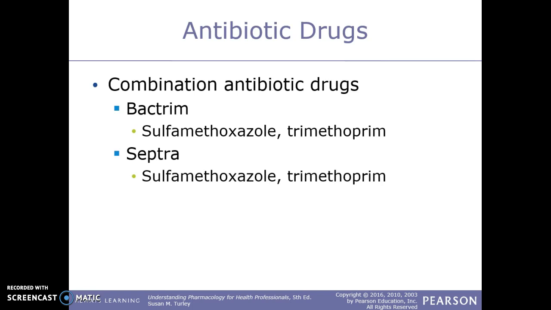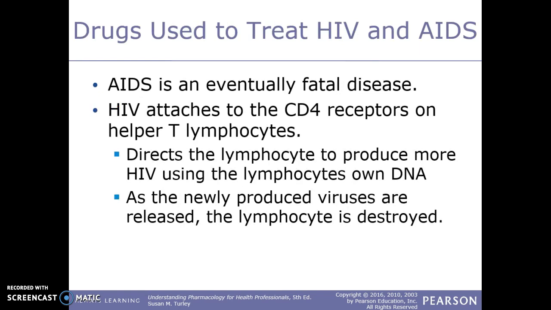And then we're going to look at some of the other types of drugs that fall into the anti-infectives. So we'll look at the drugs that are used to treat HIV and AIDS, because again, antibiotics and the sulfonamides are going to treat things that are caused by bacteria. Anything that is caused by a virus, we're going to use something else. So the drugs that are used to treat HIV and AIDS are antiviral drugs.